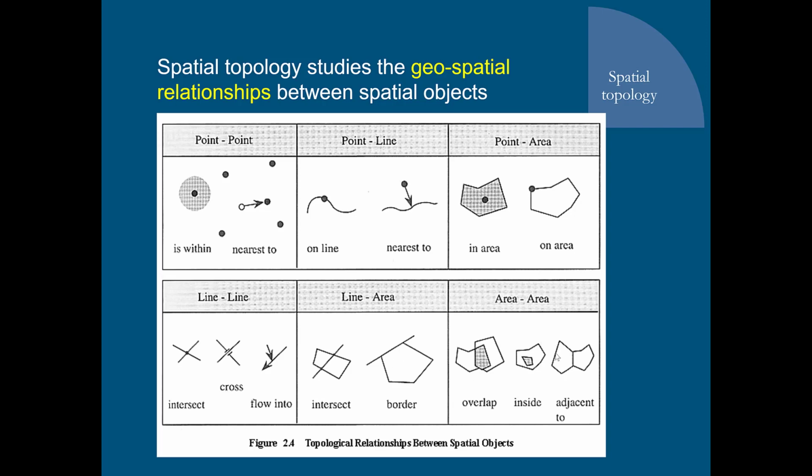Area and area can overlap, be inside, or be adjacent to, next to, neighbors. So those are simple rules, or simple relationships, defined in GIS. We make complicated spatial topological relationships simple.